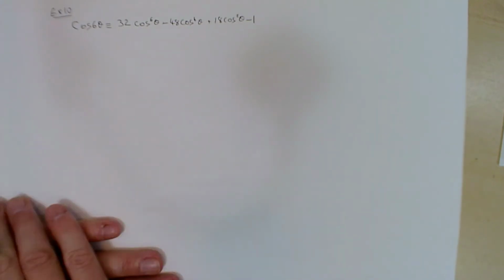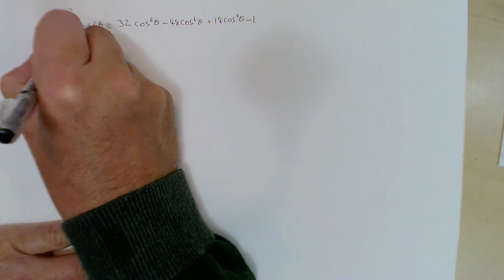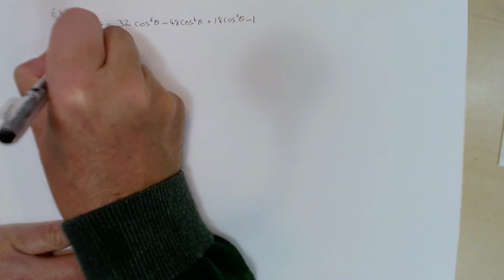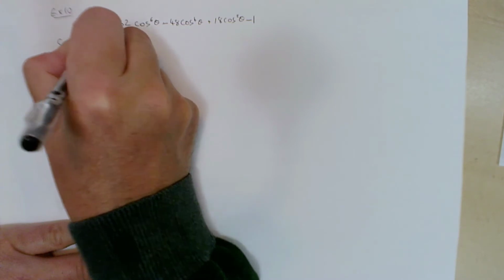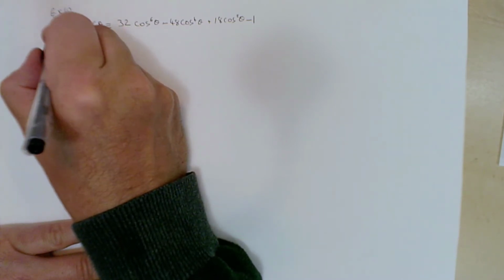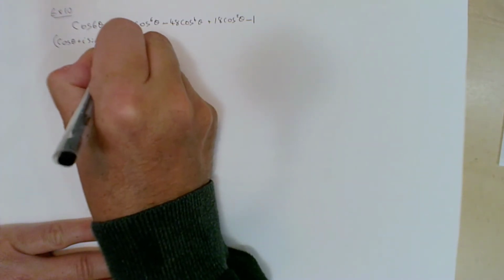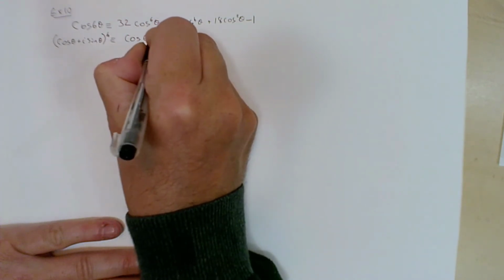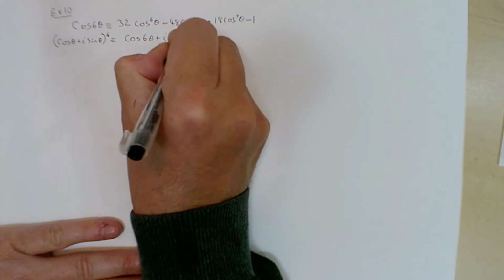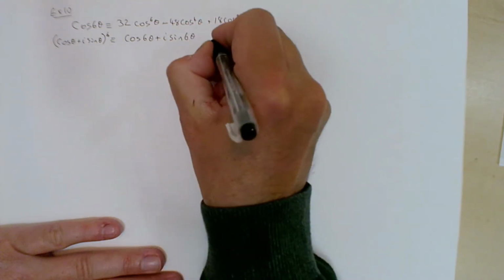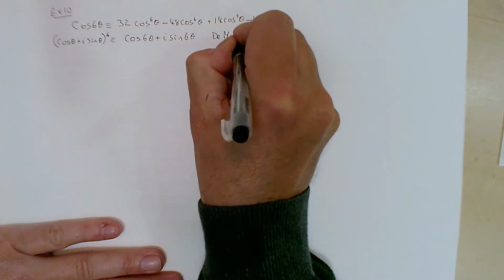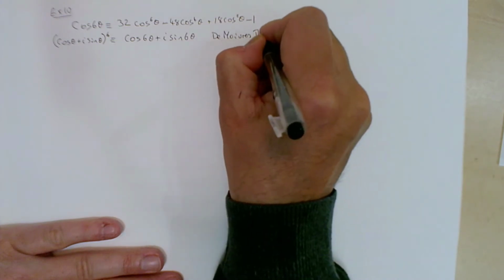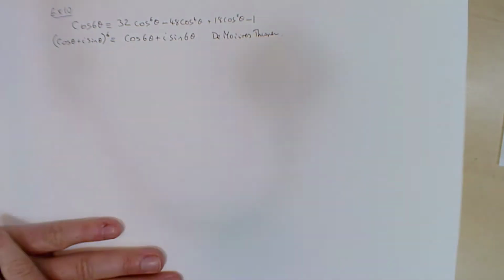So the first thing I'm going to do is use De Moivre's theorem. De Moivre's theorem tells us that cos theta plus i sine theta to the power of 6 is exactly equal to cos 6 theta plus i sine 6 theta. That's De Moivre's theorem.